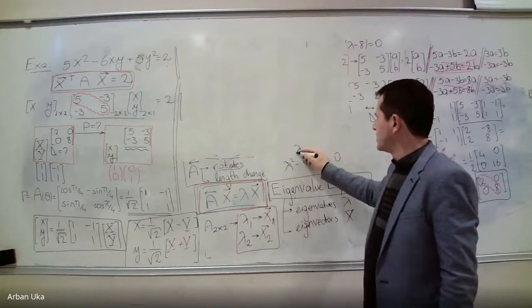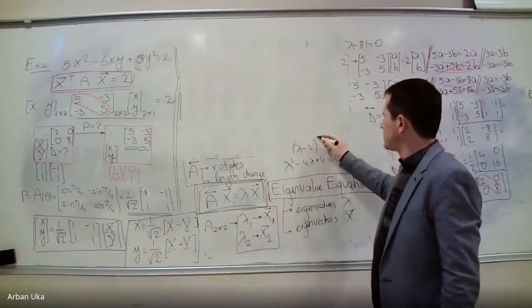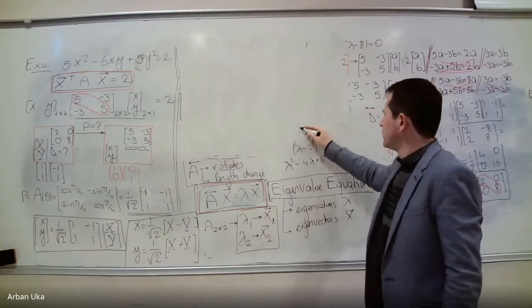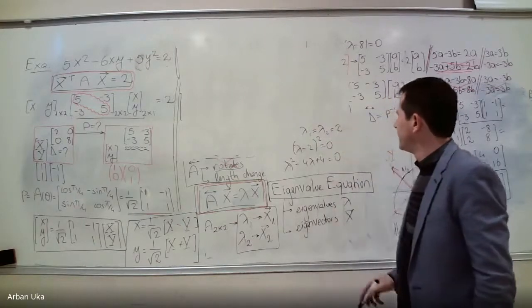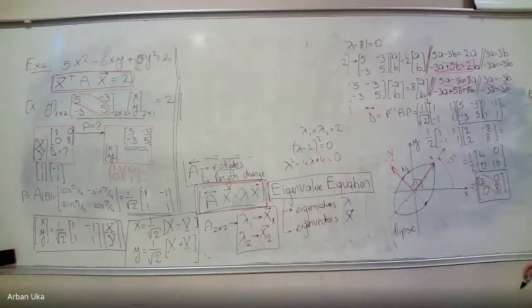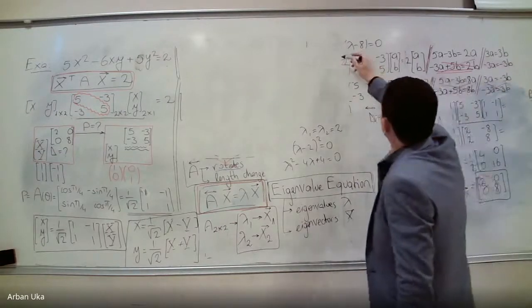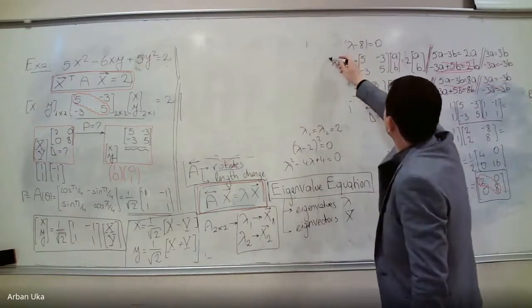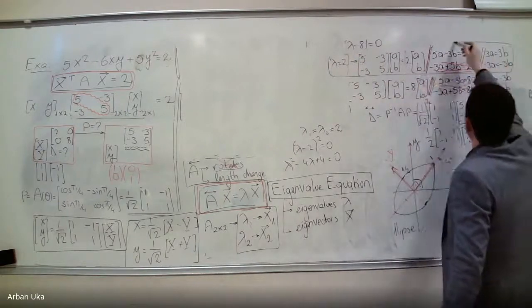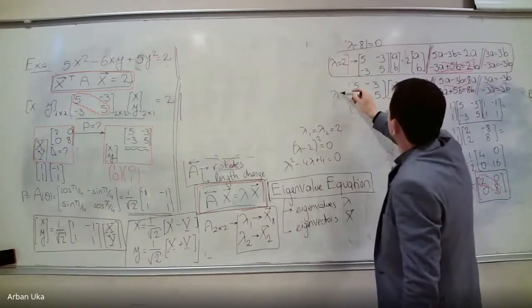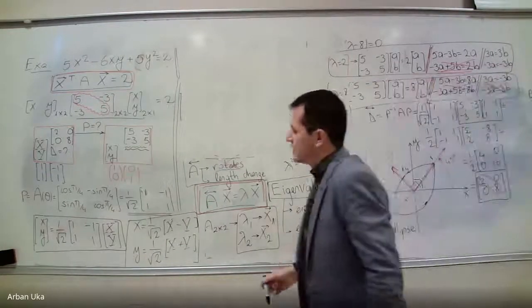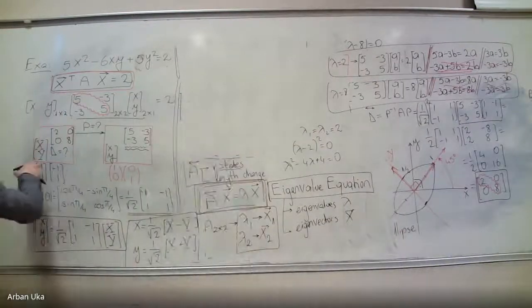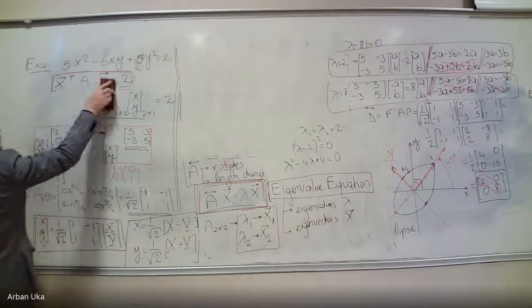So in this case, this is lambda minus 2 squared equal to 0, which means that lambda 1 is equal to lambda 2 is equal to 2. Okay? And so the general approach is going to be something like this. So here we have lambda equal to 2, and we found the eigenvector. Okay? And here we have lambda equal to 8, and here we found another eigenvector. And we use that eigenvector for the basis of the new domain. Okay?